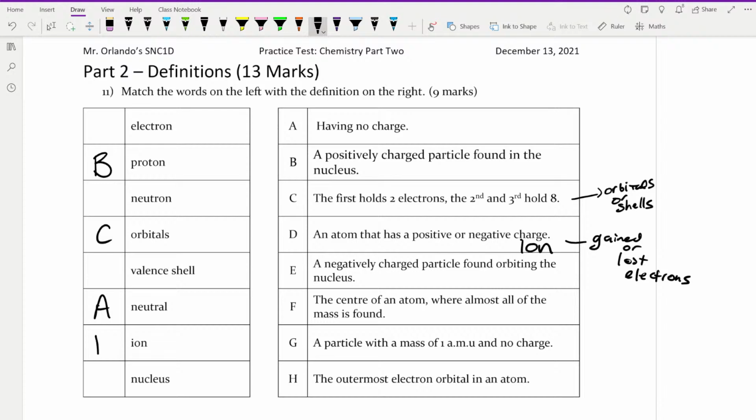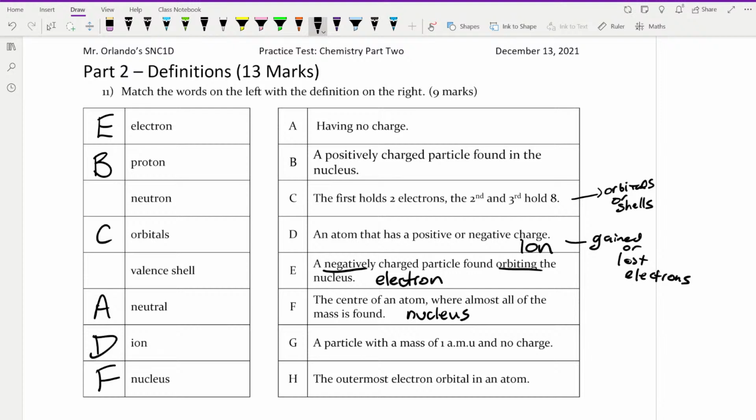Ion, good. A negatively charged particle found orbiting the nucleus, so it's negative and it's orbiting, that's an electron, which is up here, that should be E. The center of an atom, that's the nucleus, where all the mass is held. That's true, that's where the heavy stuff is.